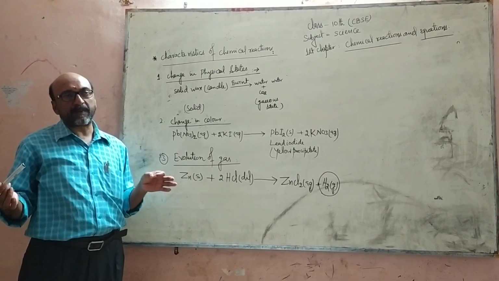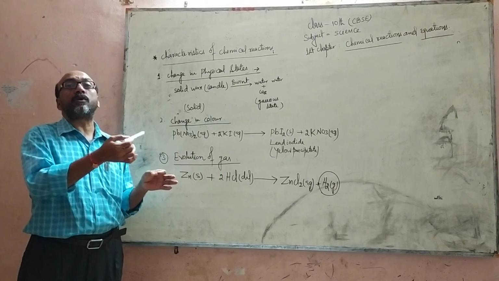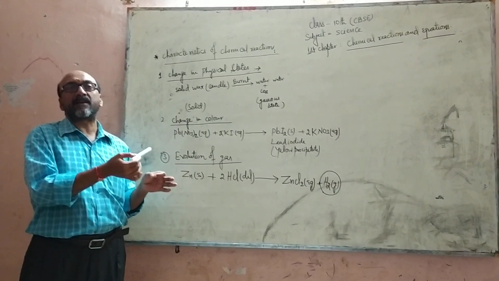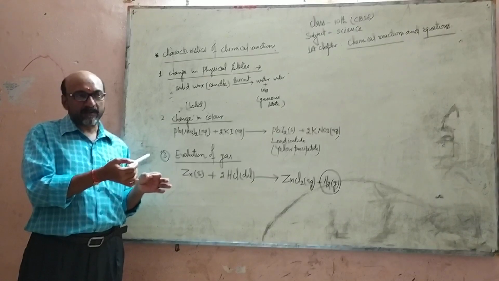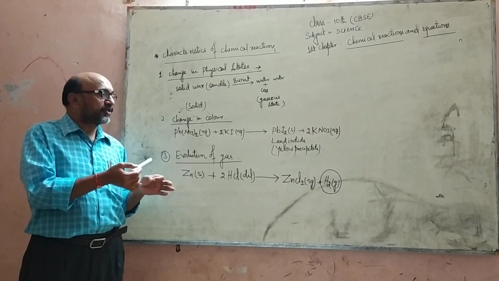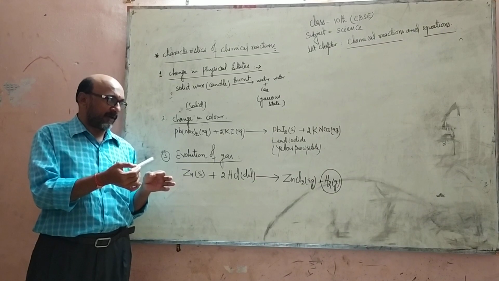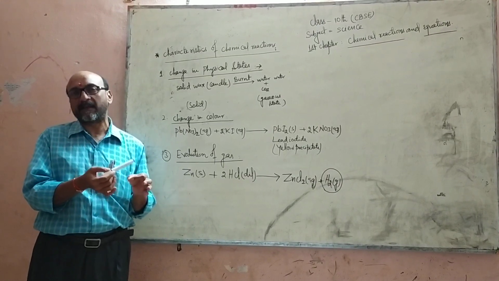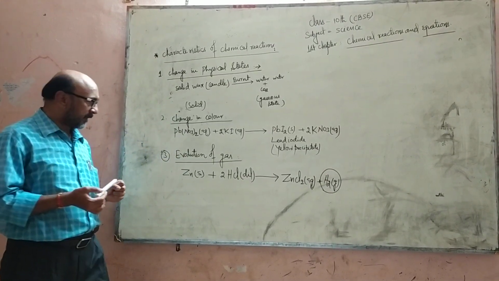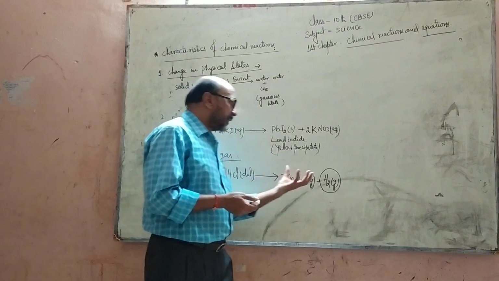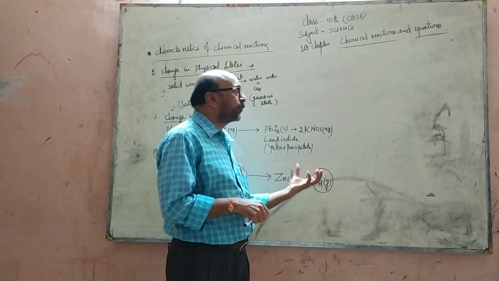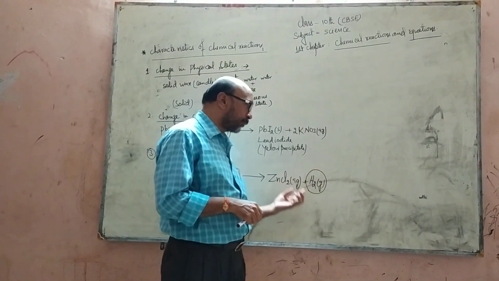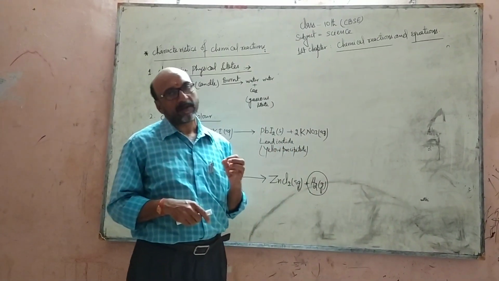The burning splinter continues burning with a characteristic sound called pop sound, which is a test of liberation of hydrogen gas in laboratory. Right? So, the gas evolved in this reaction burns with pop sound, which is a characteristic property of hydrogen gas.